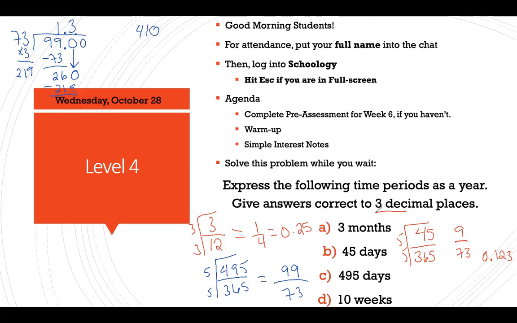Remember, I'm going to 3 decimal places, right? So 410, we'll do 73 times, let's say 6. That might be too much. Yeah, 7 times 6 is 42, that's too much. So 73 times 5, and we get 365.